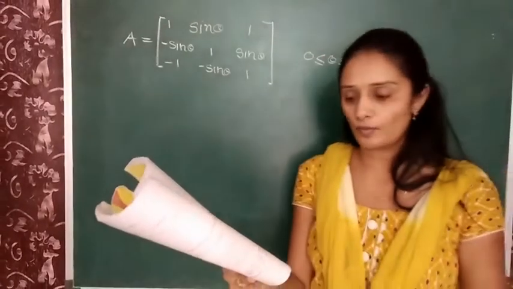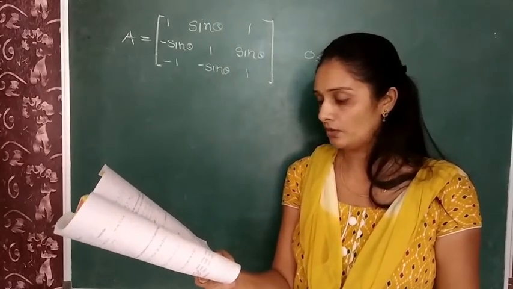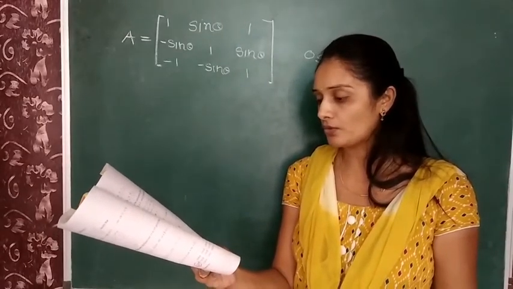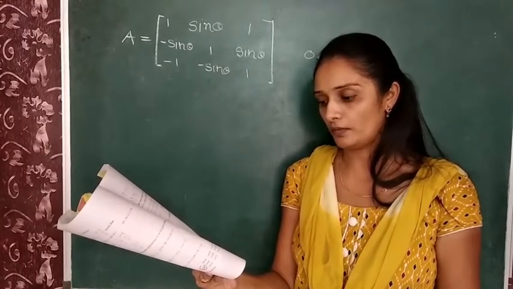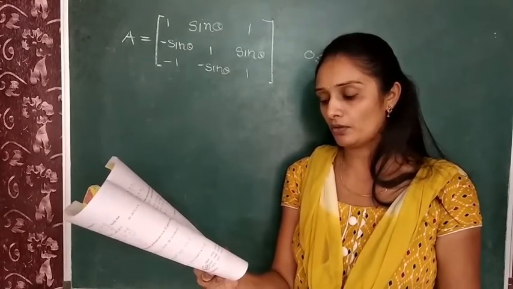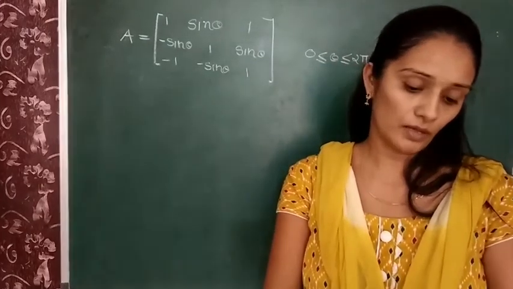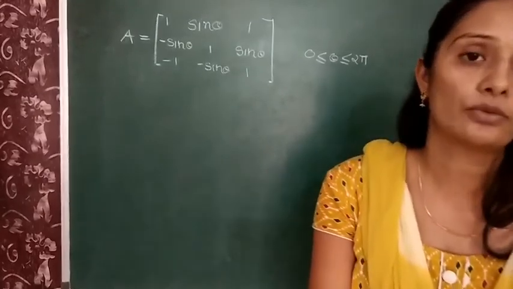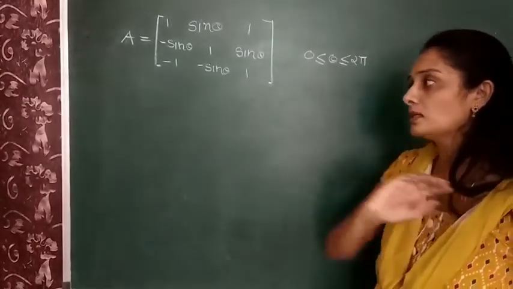Then the four given options are: determinant of A is equal to 0, determinant of A belongs to the open interval 2 to infinity, determinant of A belongs to the open interval 2 to 4, and determinant of A belongs to the closed interval 2 to 4. So we have to find the determinant of this matrix.